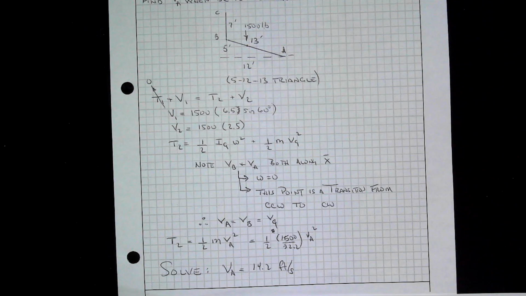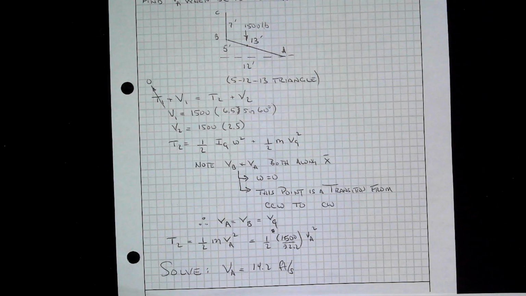If you have 2 points moving parallel, the only way that's possible is what? If this is the same velocity as this, if they're in the same direction, it means that VG has to be going in x as well. The whole thing is now just translating. At this instant, the whole thing is translating in the x.